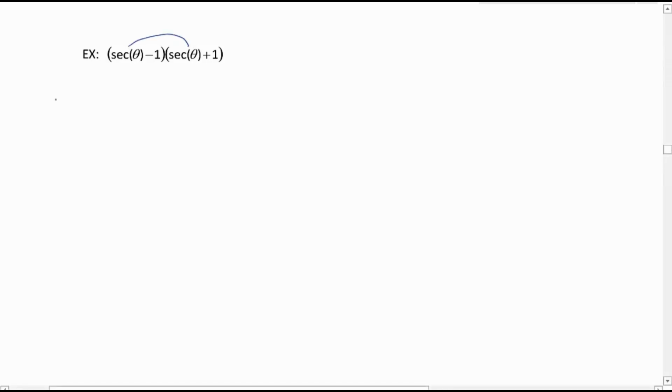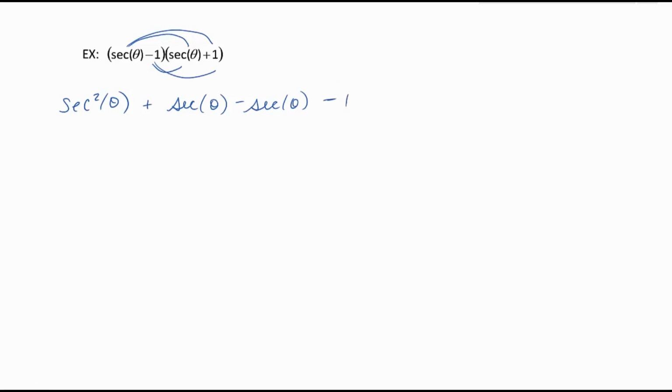Secant times secant, secant squared theta, secant times 1 plus 1 secant, negative 1 times secant minus secant of theta, and then a negative 1 times a positive 1, minus 1. Well, our secants in the middle are going to cancel out, and we're left with secant squared theta minus 1.